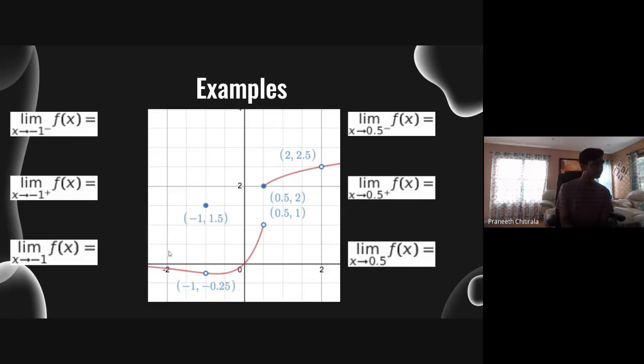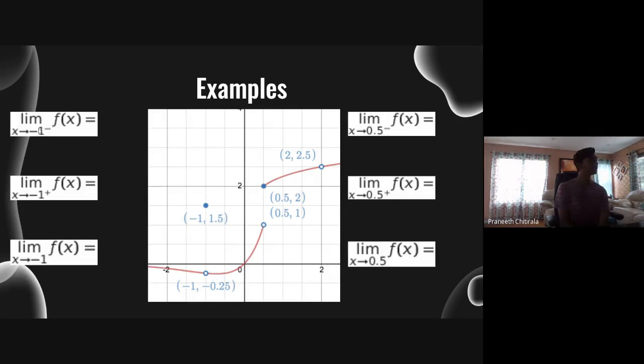The x value that we're concerned with is x equals -1. Even though the function is defined at -1 as 1.5, that's not necessarily the value of the limit itself. Wherever the function is defined does not mean that the limit will also equal that point.